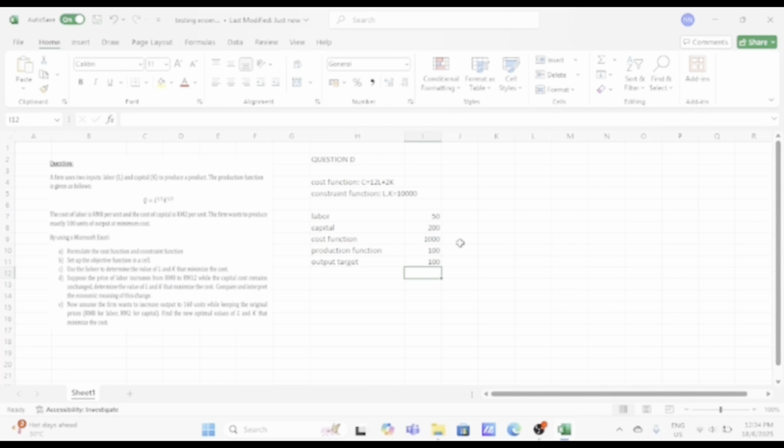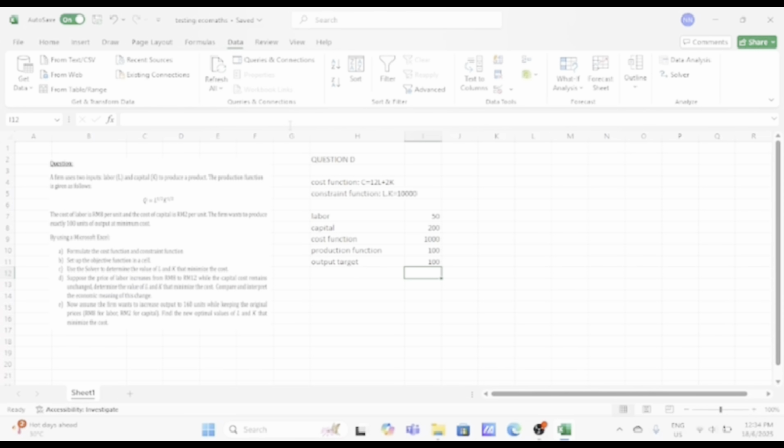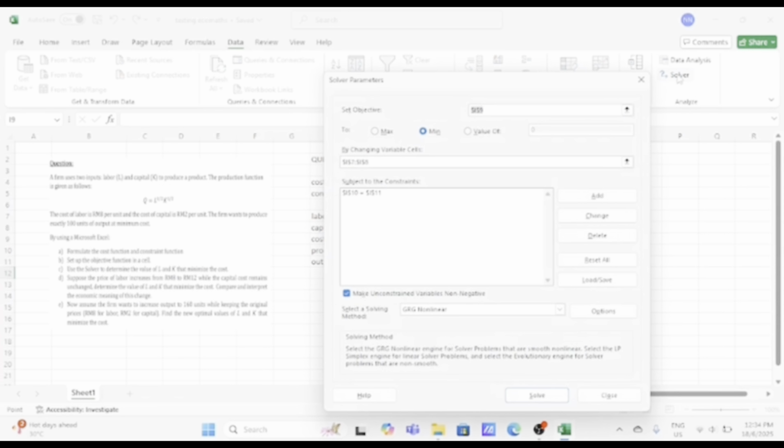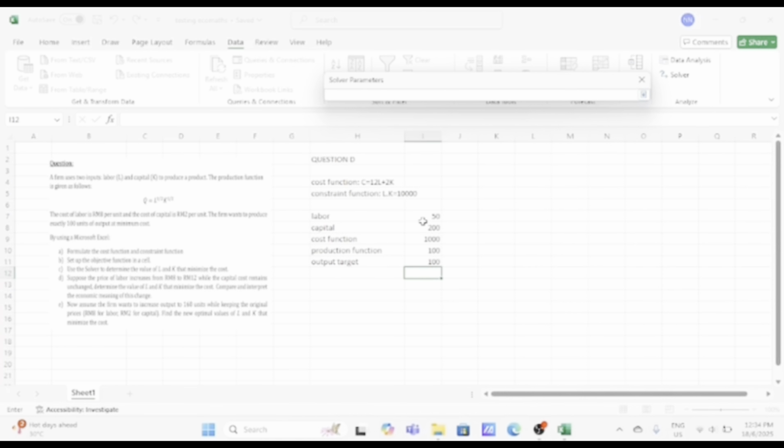From here we need to solve it to get the actual answer. We need to click data and click solver. For set objective, we just click the cost function because we want to find the cost function that minimizes the cost.